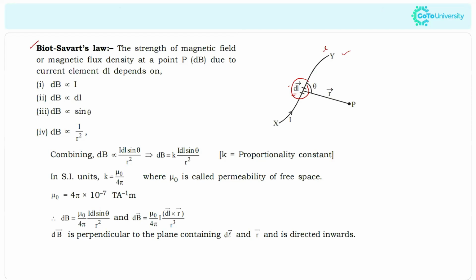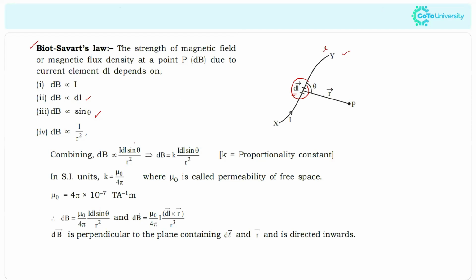The magnetic flux density is directly proportional to the current flowing in the wire, directly proportional to the length, and directly proportional to sine theta, the angle between the element and the point where we are calculating, whereas r represents the distance between the element dl and the point.